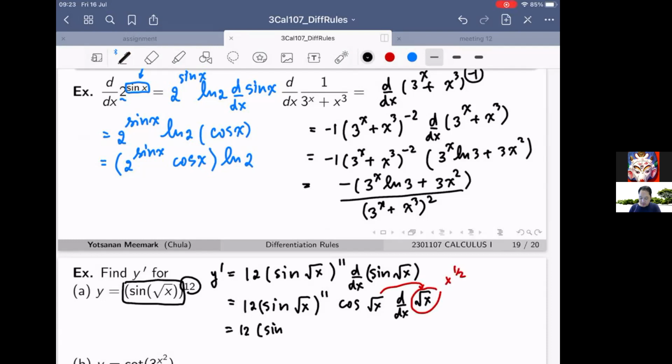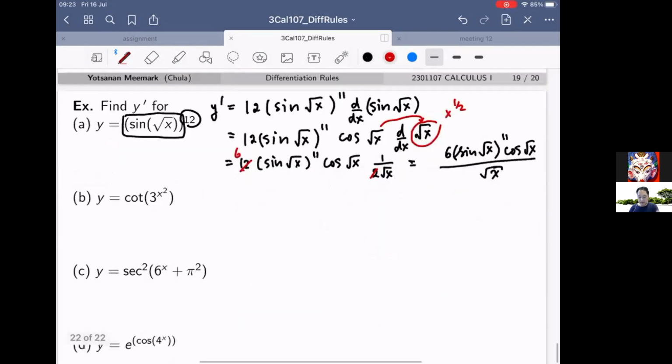This one, square root of x, 11 cosine of square root of x, and then 1/2 square root of x. Or you can simplify it to 6 sine of square root x raised to the power 11 cosine square root of x over square root of x, because this 2 and that 12 can cancel.